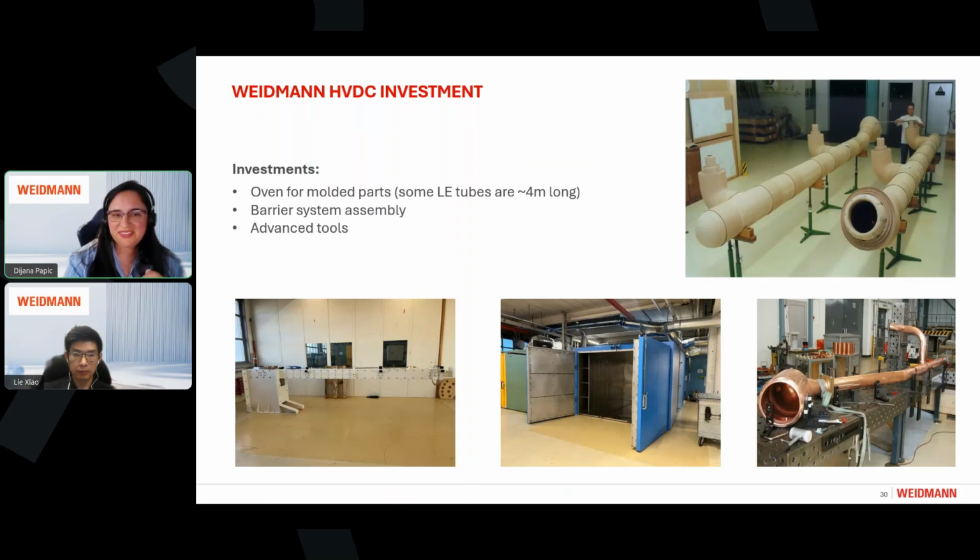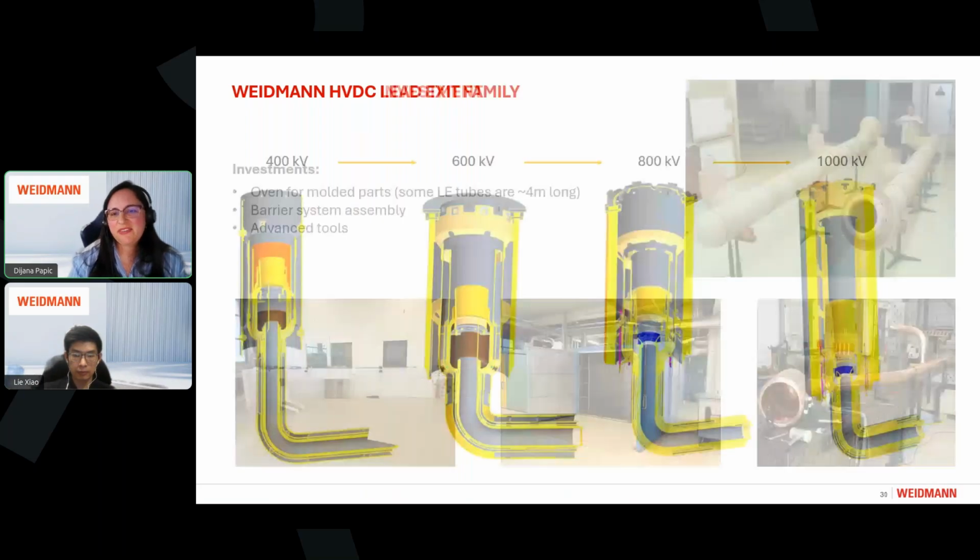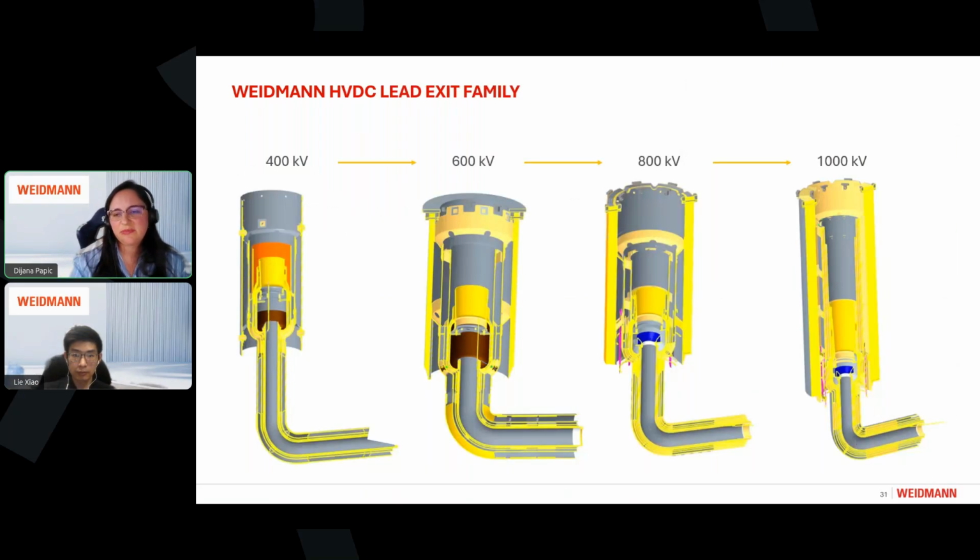And very interesting here, we have examples like Leah showed for the BTAs, for some lead exits. We can't say that this is the standard design for 800 kV HVDC, so this is just an example.